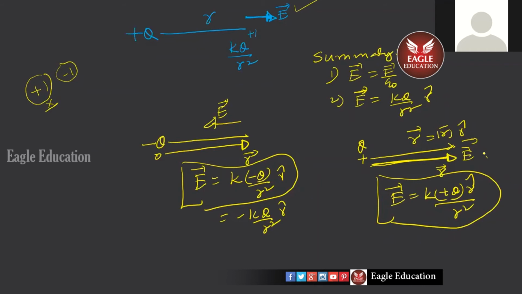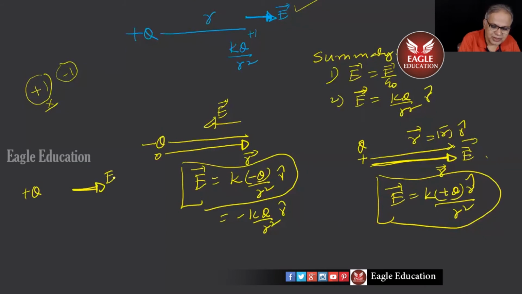Sir? So we can do it in vector or the normal method with finding the magnitude and then saying the direction. It all depends on the question, dear. For a good visualization, you'll go with the geometrical way. Geometrical way means I'll put plus Q and put E's direction like this, and then write the magnitude.